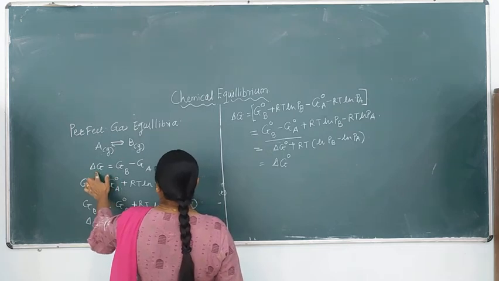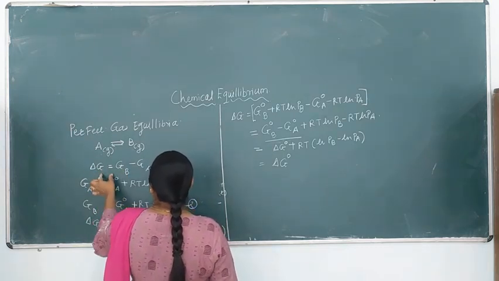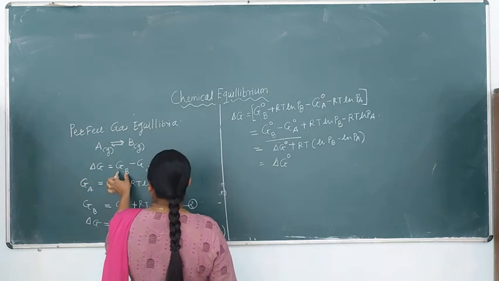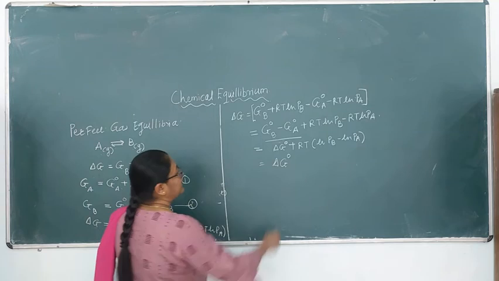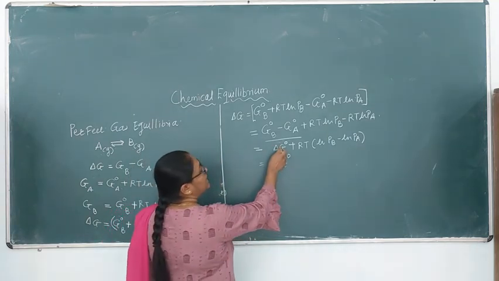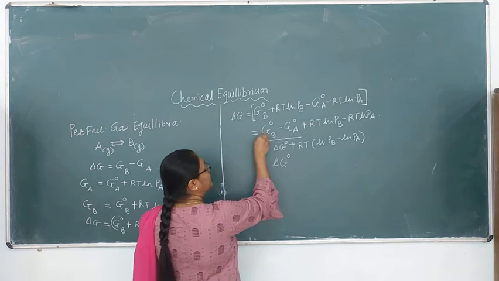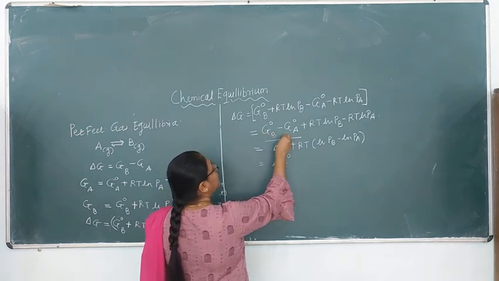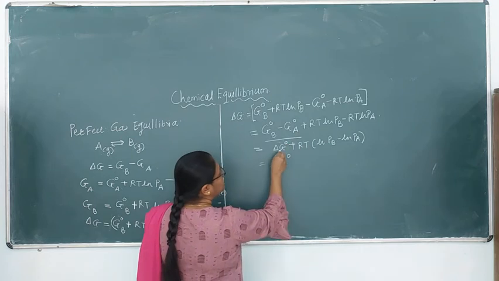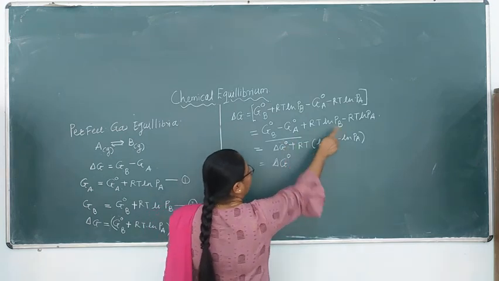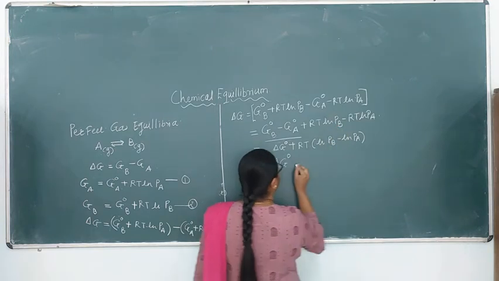Like this, here we have written the change in the free energy for the reaction is the free energy of the product minus free energy of the reactant. Similarly, the standard free energy change of a reaction is the standard Gibbs free energy of the product B minus the standard Gibbs free energy of the reactant. So this is delta G0. Here we have taken RT common, so in the bracket ln PB minus ln PA remain.